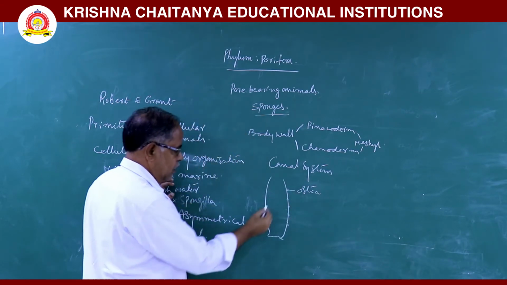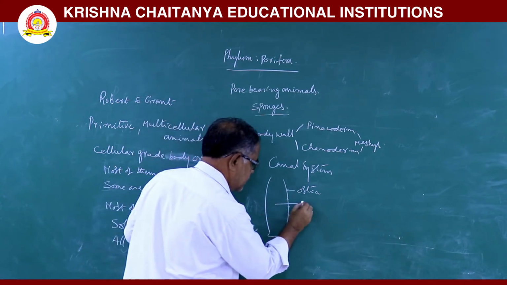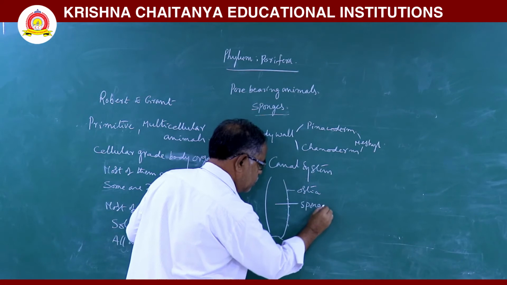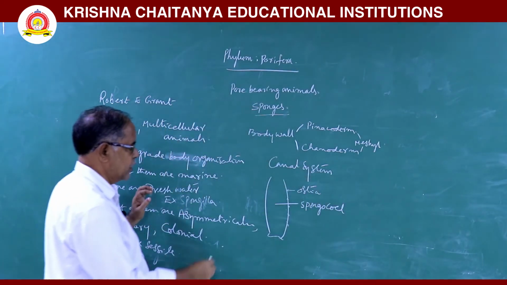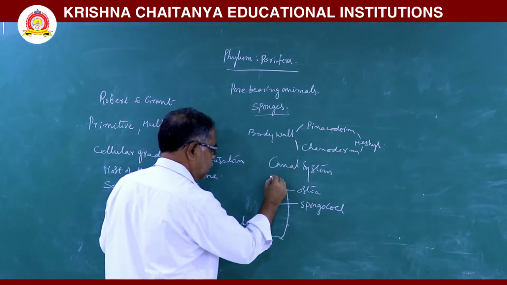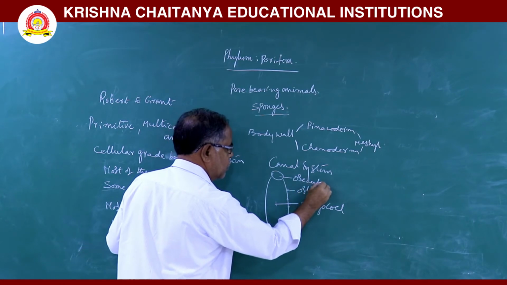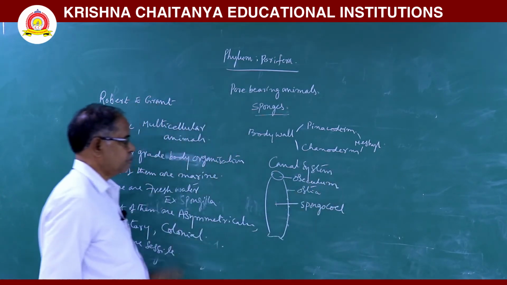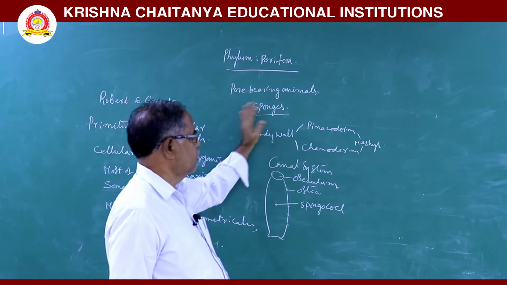These ostia open into a body cavity. This body cavity is called the spongocele. This spongocele opens out through a pore. That pore is called the osculum.